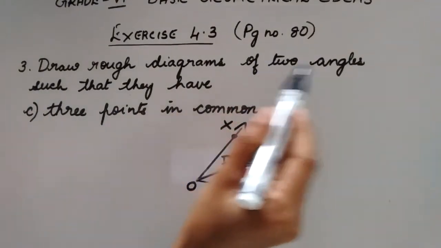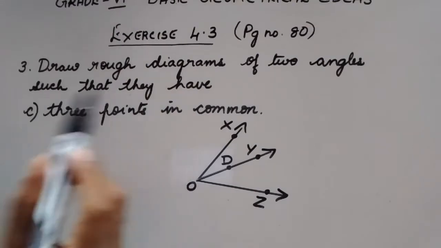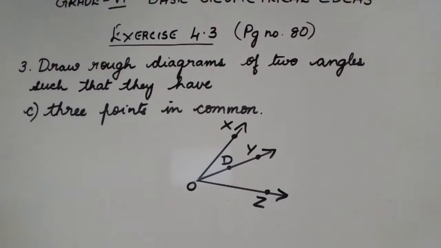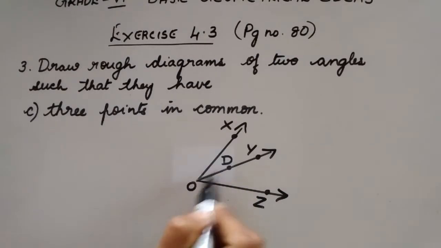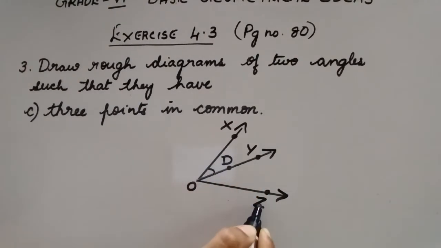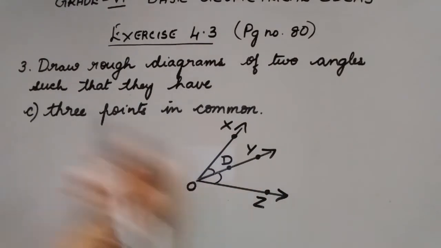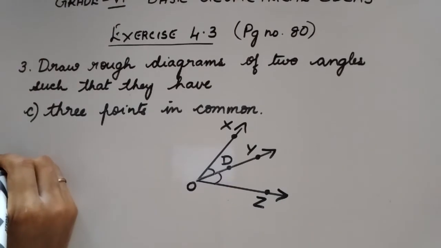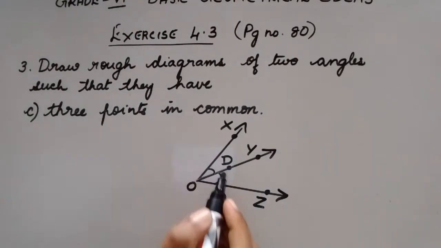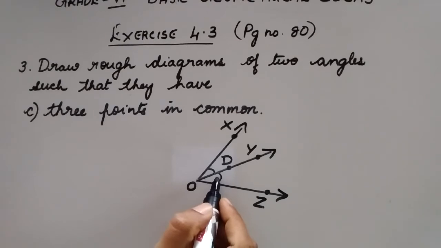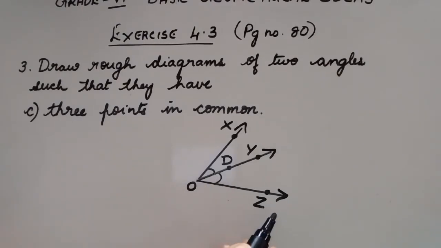Draw rough diagrams of two angles such that they have 3 points in common. So I've drawn a rough figure where we have two angles, that is angle XOY and ZOY. Again, two angles. So these two angles have 3 points in common.